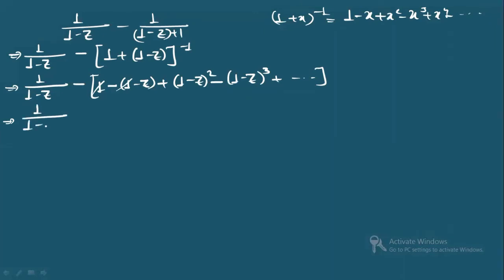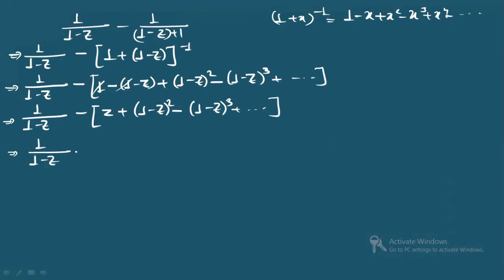So you will have 1 by 1 minus z minus, this will give you z, plus 1 minus z whole square minus 1 minus z whole cube plus, and so on. So here if you see, you can write it further as 1 by 1 minus z minus 1 minus z whole square plus 1 minus z whole cube, and so on.